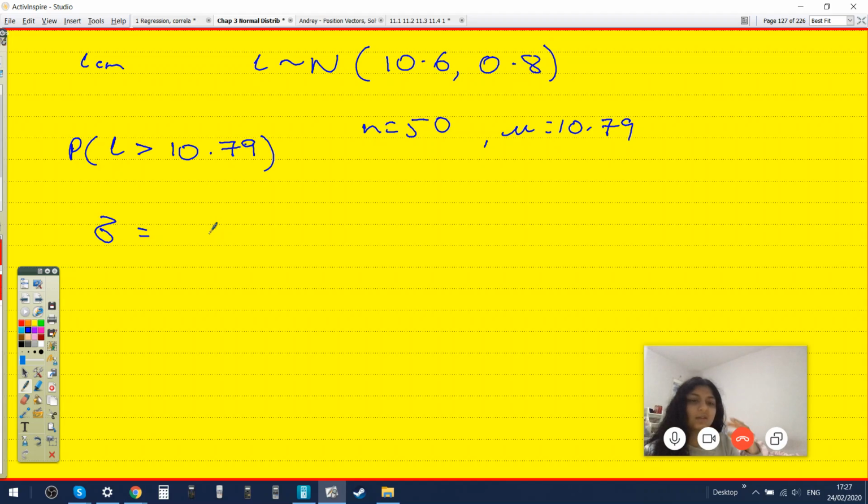So when you do the sample mean, I did 0.8 squared over 50, but it should be 0.8 over root 50. It should be the square root of both. Yeah, root 0.8 over 50. So mu is 10.6. That's where it went wrong.